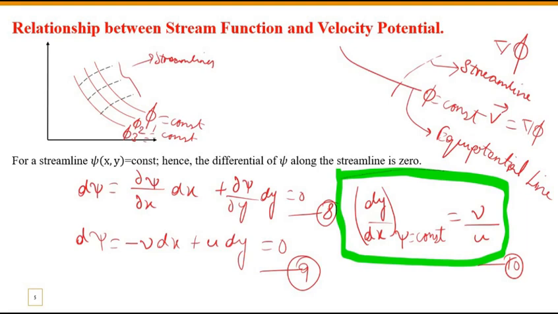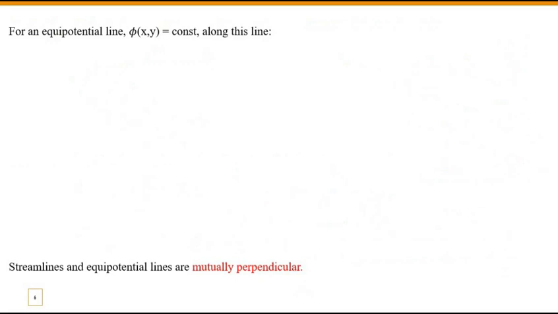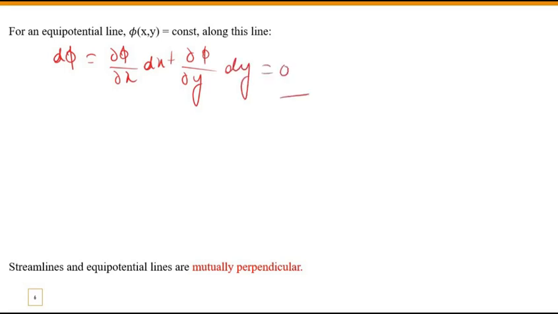Now similarly for an equipotential line, I can write phi of x, y is equal to constant. Following the same procedure, if I write d phi, which is dou phi by dou x into dx plus dou phi by dou y into dy is equal to 0, and then write this equation in terms of u and v, it would be u dx plus v dy is equal to 0.